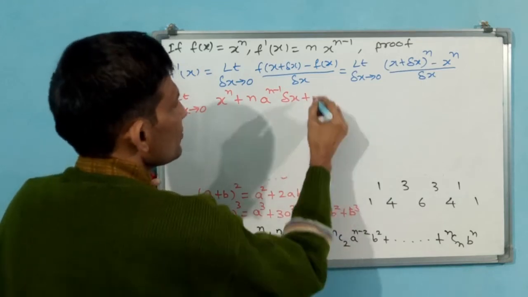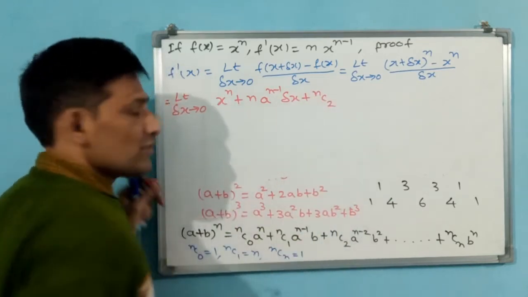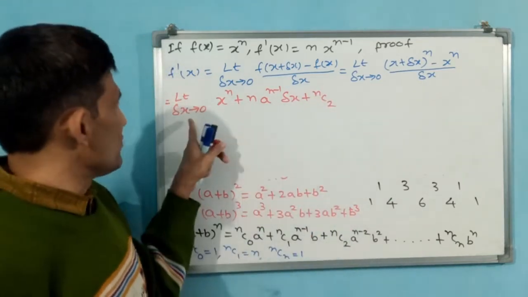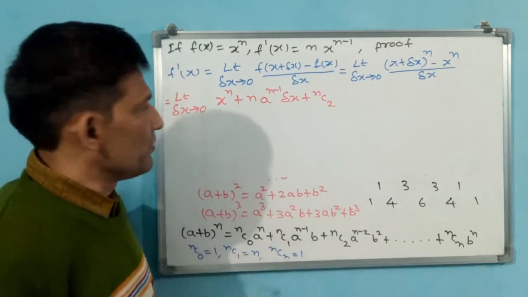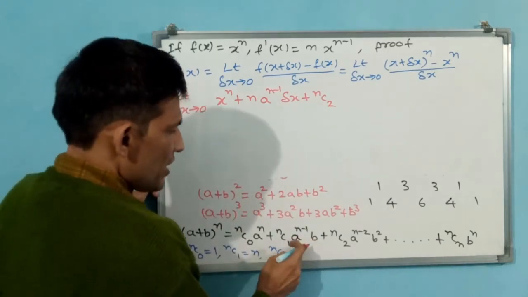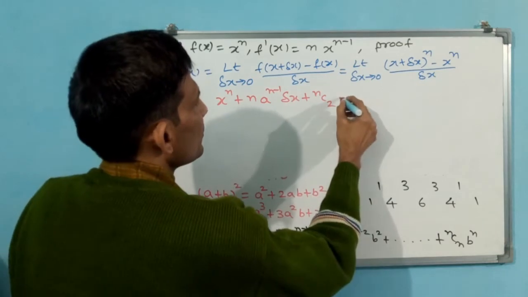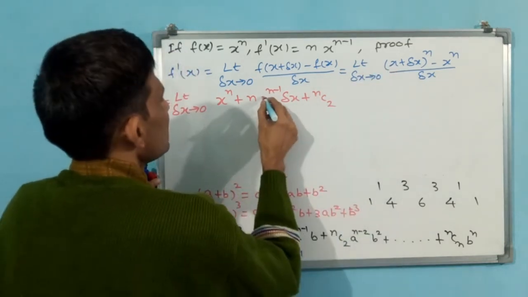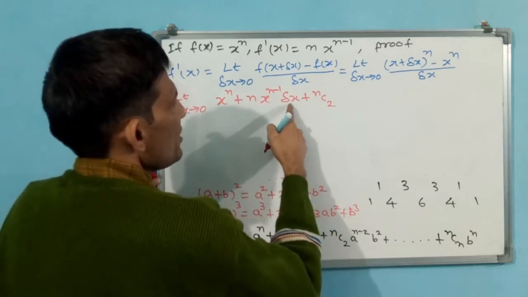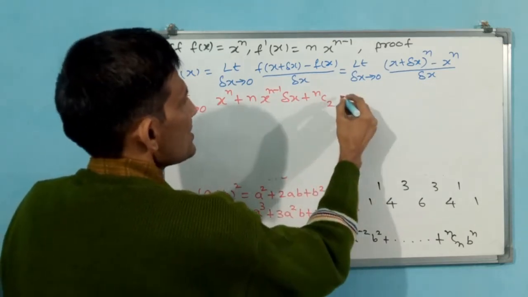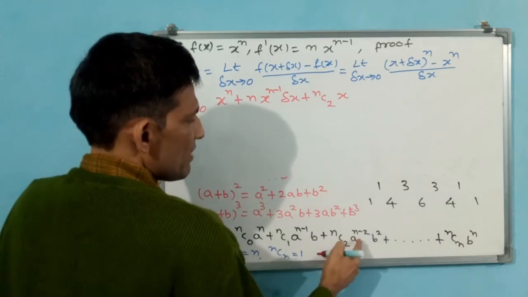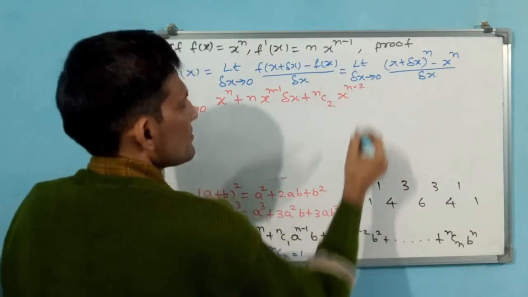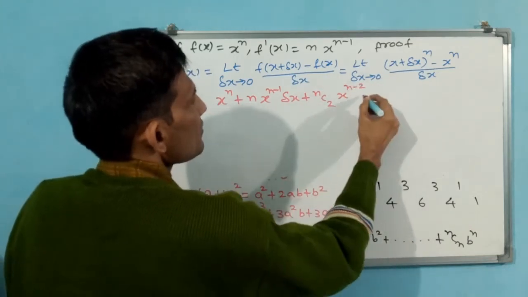Plus NC2. Write down NC2. You need not find NC2. Why? Because anyway it is going to cancel out when you substitute delta x. NC2, A power n minus 2. A is x here. B is delta x. So x power n minus 2, B square means delta x square.